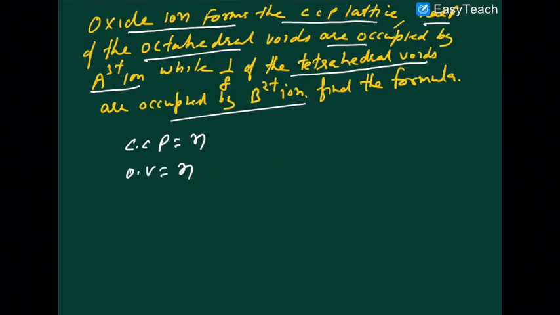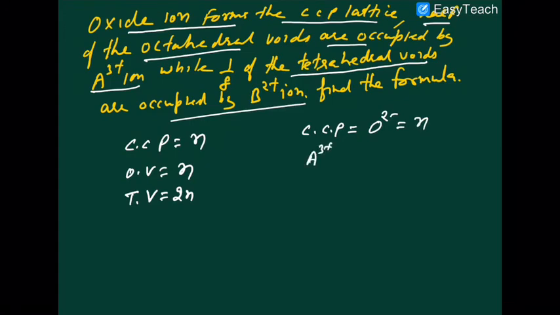Octahedral voids are also equal to N, but tetrahedral voids are twice N. The CCP lattice is occupied by oxide ions, so it is N.